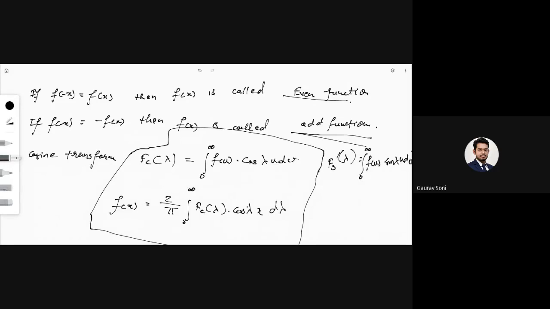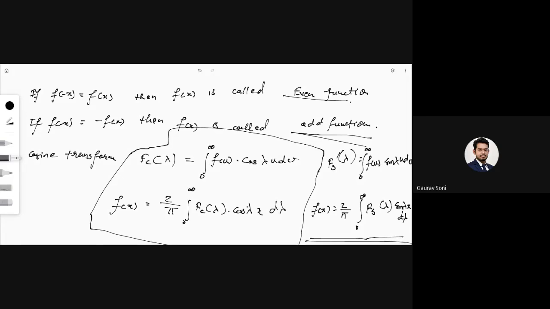An inverse Fourier sine transform will be given by f of x is equal to 2 by pi integral 0 to infinity Fs of lambda sine lambda x d lambda. Based on these three formulas, a whole chapter is covered. Okay, you won't require anything else out of this.